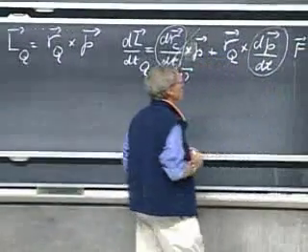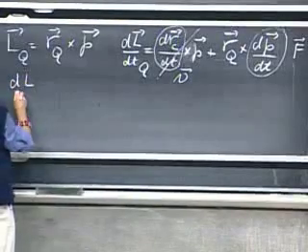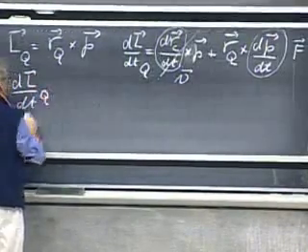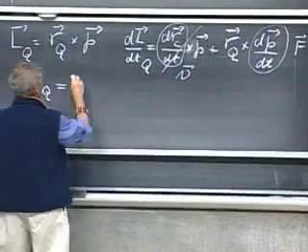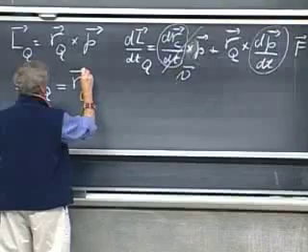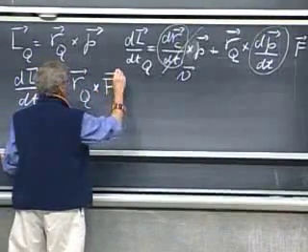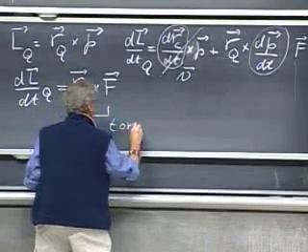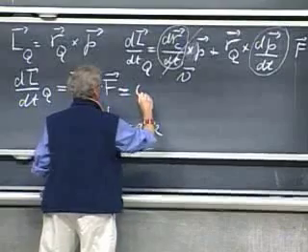We've seen that before in 801. And so now we have that dL/dt relative to a point Q equals the position vector r from that point cross F. And this now is what we call torque, and we write for that the symbol tau.